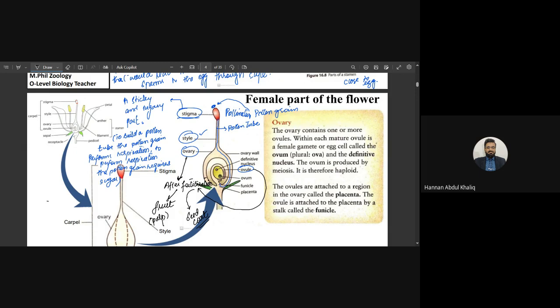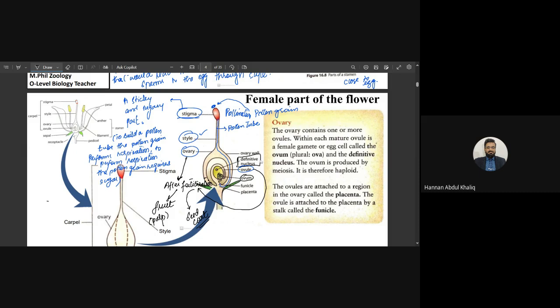So remember that when the fertilization occurs, the sperm reaches the egg and fuses with it, that would be the fertilization phenomenon. And the fertilization phenomenon changes things. It would change the ovary into the fruit, and the ovule into the seed coat, and the egg, which is the ovum here, this is the egg. And one more thing we need to know here is the definitive nucleus.